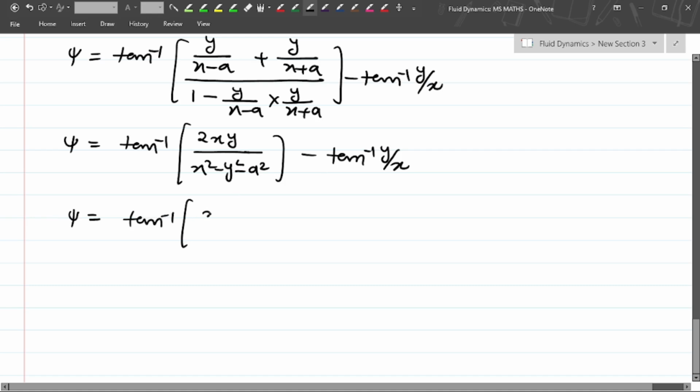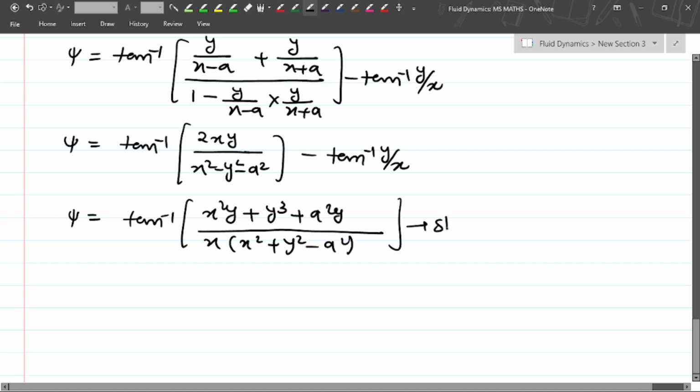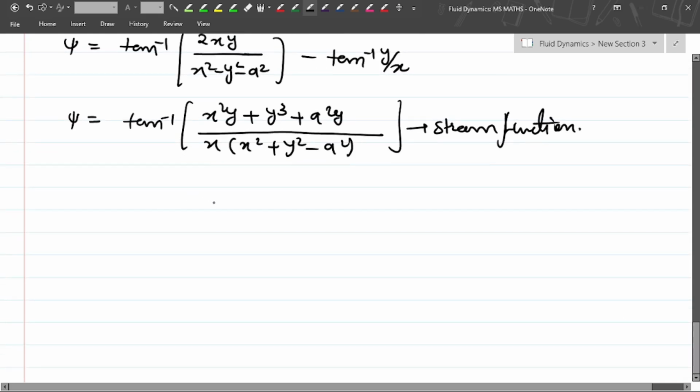We'll just put it here. Then x square y plus y cube plus a square into y divided by x into x square plus y square minus a square. This is the simplified version of the stream function. Now we'll find the streamline by putting it as constant. So psi is equals to c.